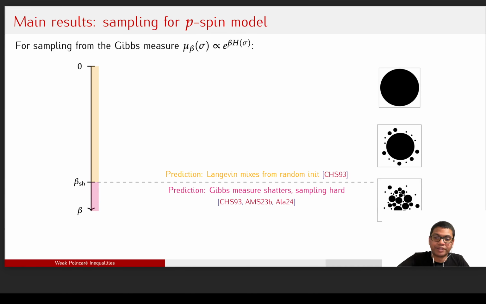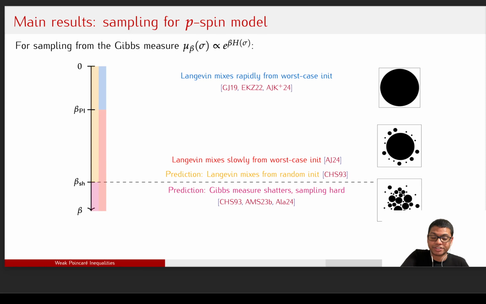And they also predicted the existence of a different threshold, which is below the shattering threshold, which here is denoted beta pi. And the prediction is that under this threshold, Langevin dynamics would mix rapidly from a worst case initialization.